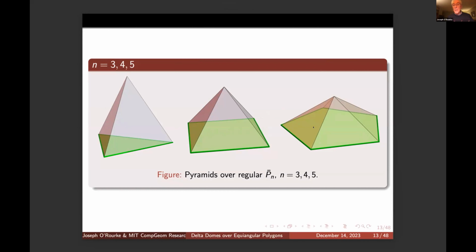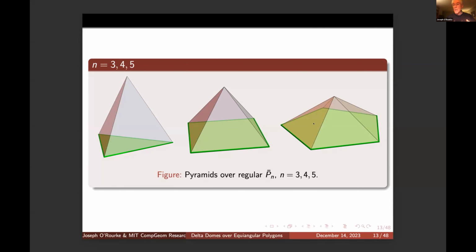A pentagon can be domed with 5 equilateral triangles forming a pentagonal pyramid. So those are quite easy. Now 6 already requires a little bit of thought to dome a hexagon, because if you continue this pattern with 3 equilateral triangles, then 4, then 5, if you do 6 equilateral triangles, of course, it will be completely flat.